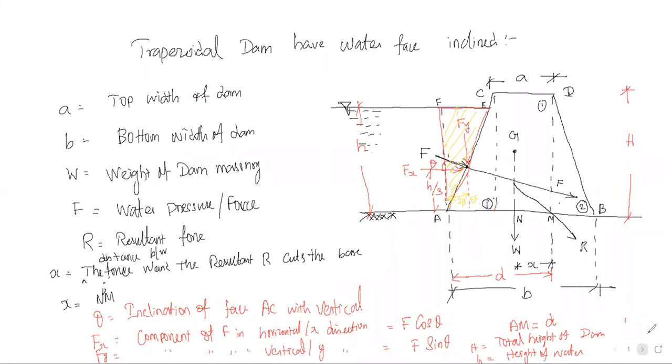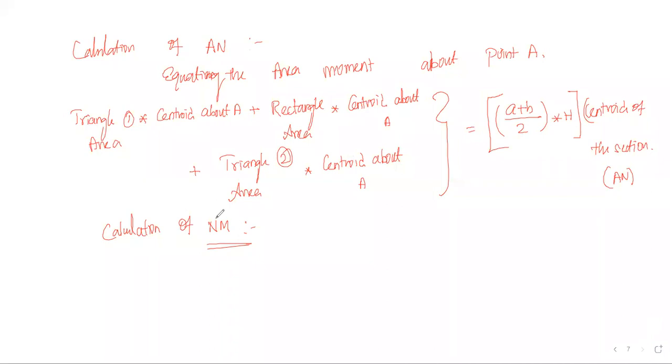So how to calculate the value of AM? For calculation of AM, I have to find the resultant.